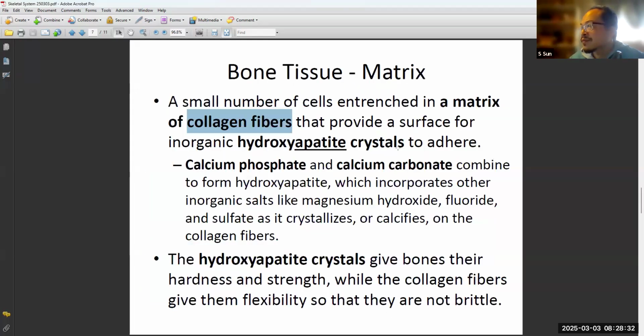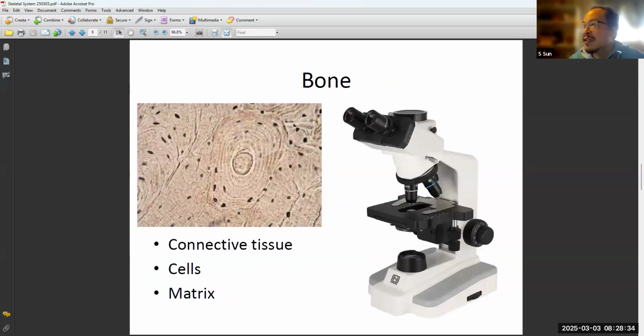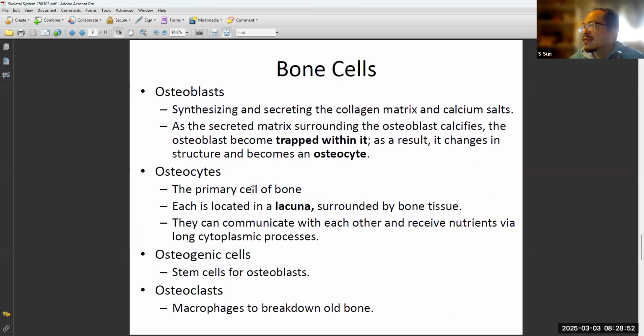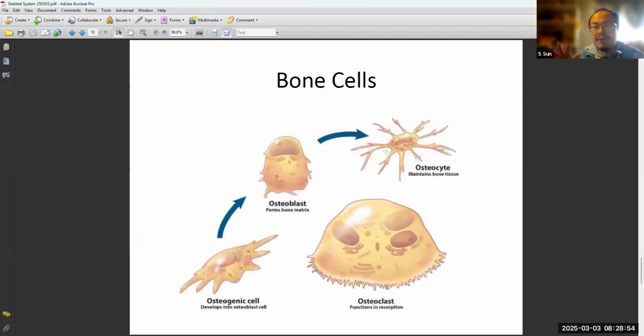Let me show you here. Right here, trapped inside of this lacuna, they will try to reach out to their neighbors. They cannot leave, but their hands, their fingers, will try to reach out to their neighbors. So you'll see that this cell becomes very spread out.